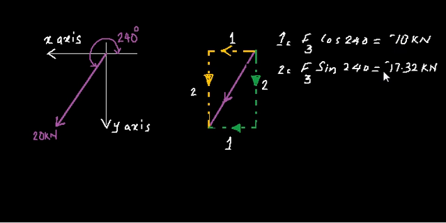Now to find the net forces along the x and y-axis, you need to find the sum of all the forces along the x-axis and all the forces along the y-axis. That will give you the resultant forces in the x direction and y direction.